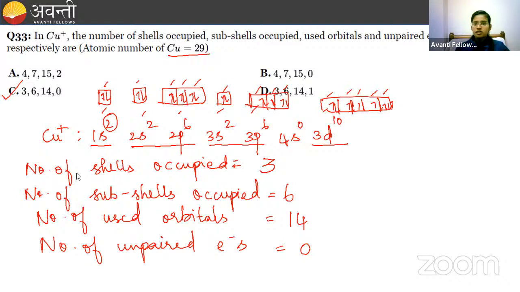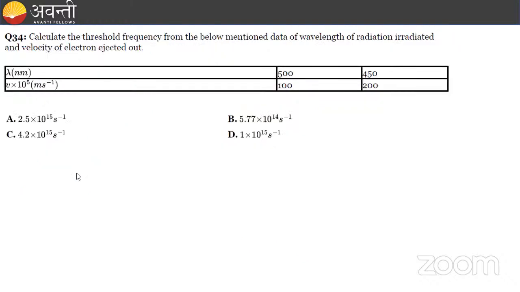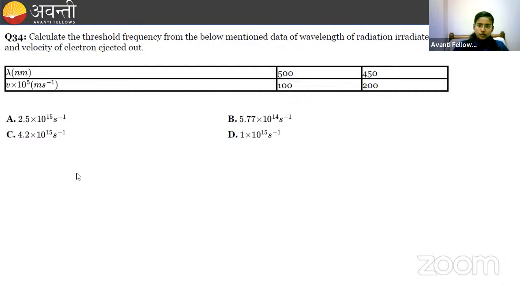Clear? So now moving on to the next question. Question number 34. Calculate the threshold frequency from the below mentioned data of wavelength of radiation irradiated and velocity of electron ejected out.